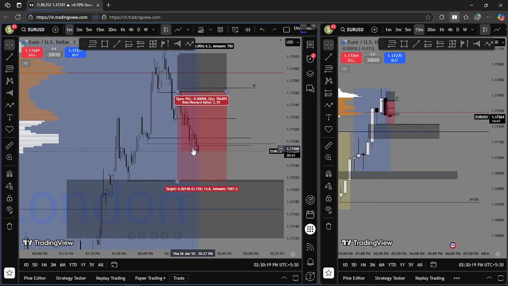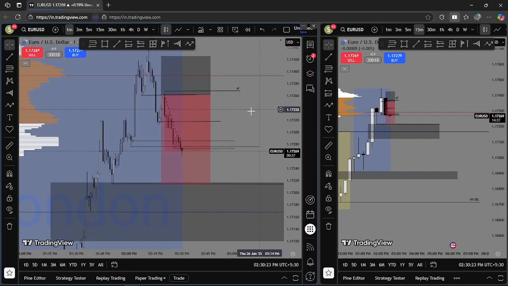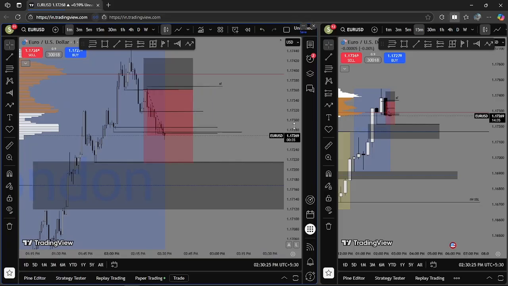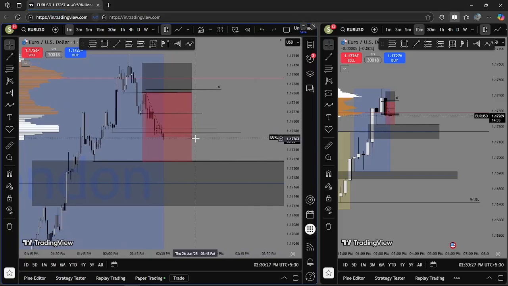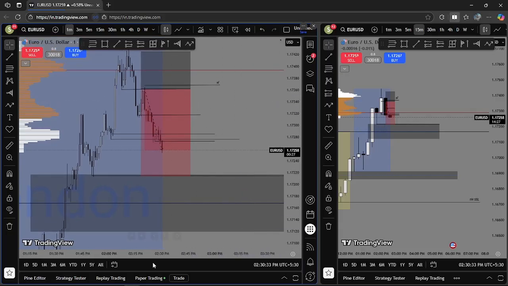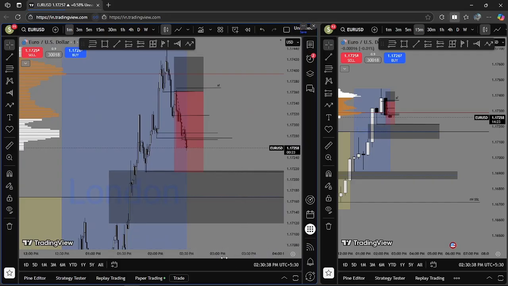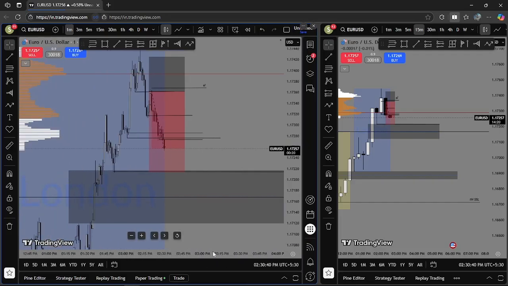I don't want to see us go, well, I would like to see us respect and displace lower. This is exactly the moment I can look to see us a little bit of strength coming. Exactly. I don't want to see price slow down here, I want to see price displace lower now.